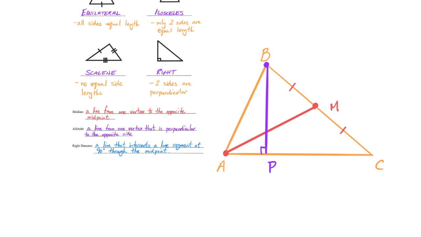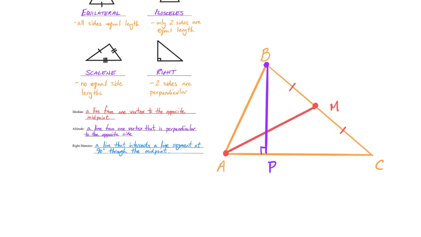Okay, last part, a right bisector. Let's draw the right bisector then from vertex C. A right bisector is a line that intersects a line segment at 90 degrees through a midpoint.